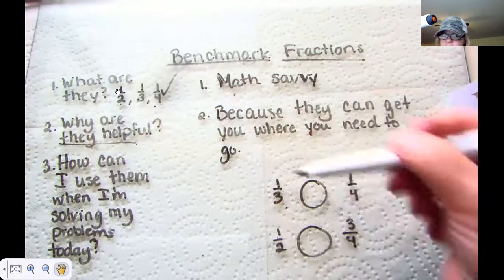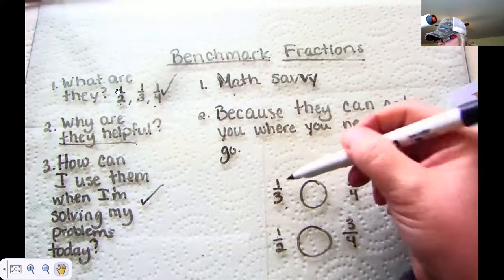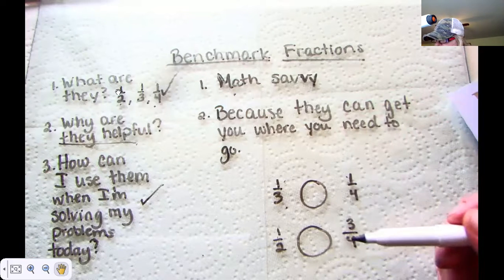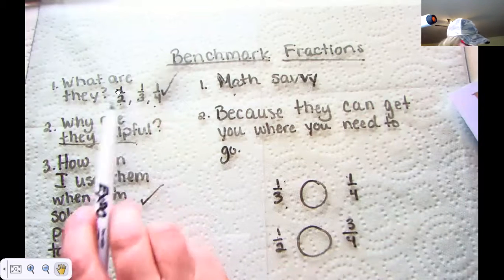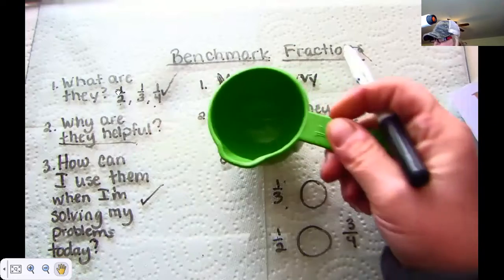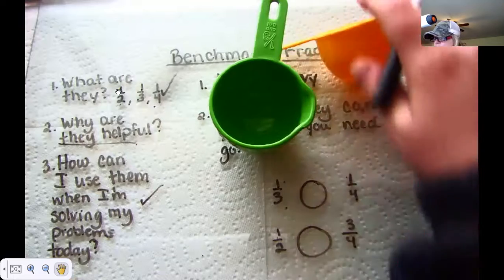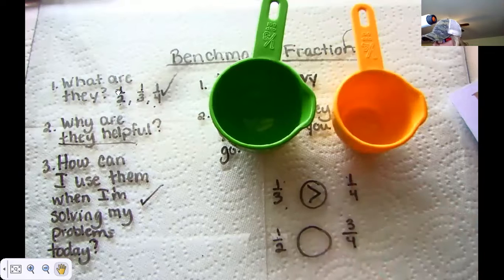So let's say you're working on your paperwork, and we're going to go down to here. How can I use them when I'm solving my problems on paper? And we're comparing 1/3 versus 1/4. Well, how are these benchmark fractions going to help me? Well, if I know 1/3 and I go back to my real life examples of a third, 1/3 versus 1/4, okay, well, you can see that 1/4 is the smaller one, 1/3 is the larger one.